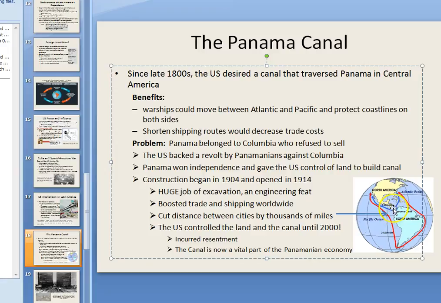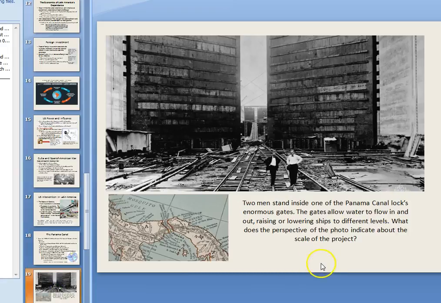With the Panama Canal, you can see the distance is sharply decreased because they can cut through Central America and go up to the opposite coast, the opposite ocean. So here you see some of the building projects, and you can see it's just going to be enormous.